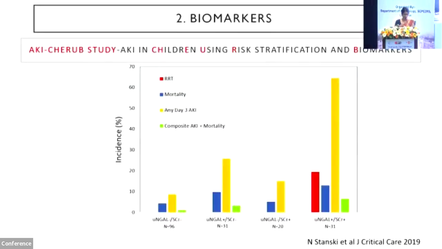Moving to the topic of biomarkers, which we have just heard a lot about in the last session, Goldstein and group in the AKI CHIRUP study identified unique biomarker combinations on admission that predicted distinct day 3 AKI severity phenotypes. You saw one figure from that paper, and this is the other figure that is related to outcomes.